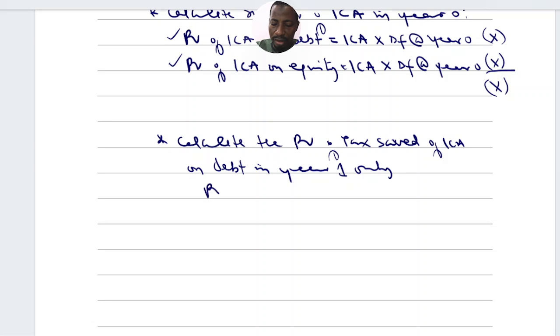So the PV of tax saved on issue cost amount on debt in year one will be calculated as the issue cost amount on debt multiplied by discount factor at year one, discount factor of year one.